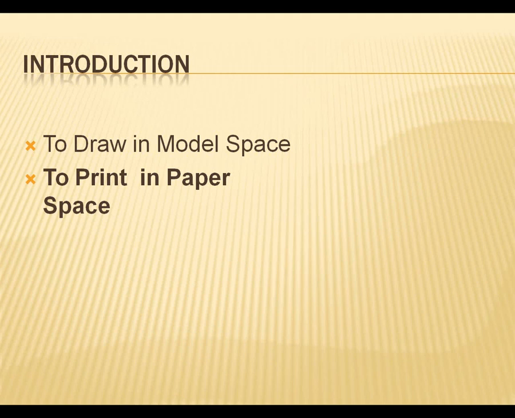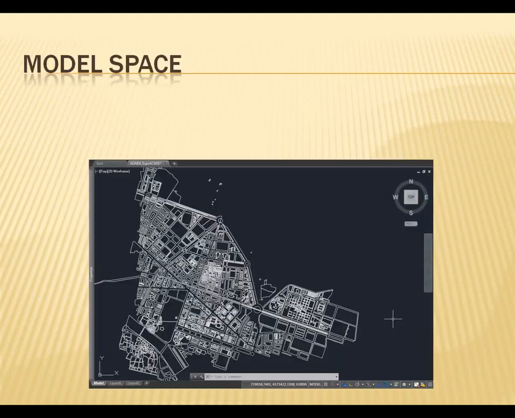So paperspace is mainly designed to print the work that you have done previously in the model space. But you can also print in the model space. The thing is that in the model space you have a way of printing, but it's less powerful and versatile. So I recommend you to use paperspace when you want to print.